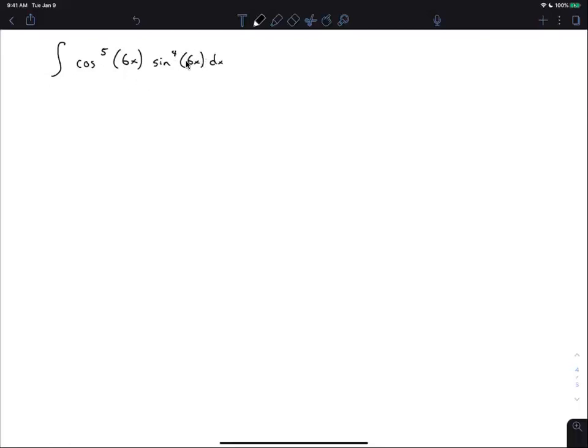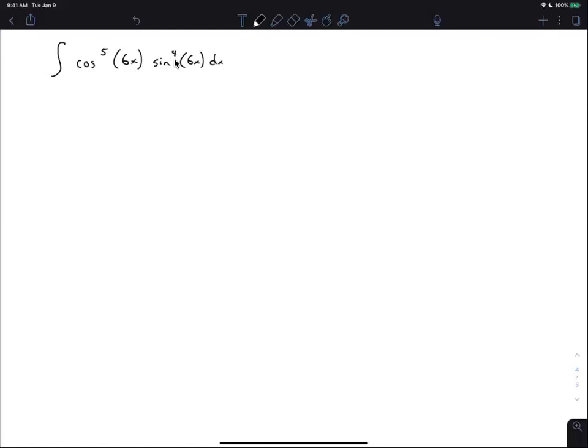Does that make sense? So like they're both 6x here. You can apply what we're doing from the beginning here. So like if you wanted to let u equal sine of 6x, you can do that. It's a little easier to mess up because you're going to have to apply the chain rule every time you're dealing with stuff.